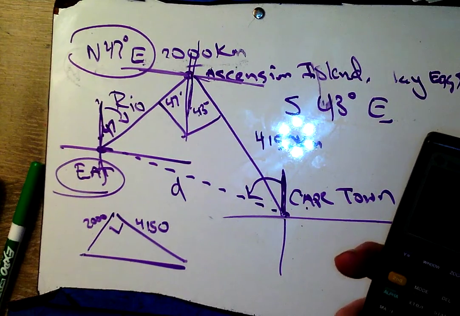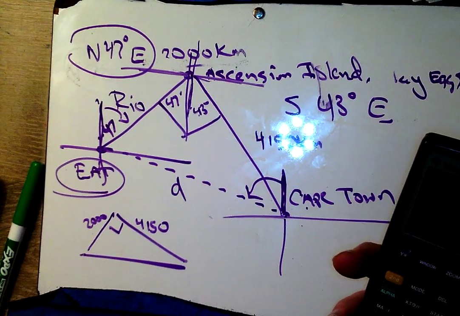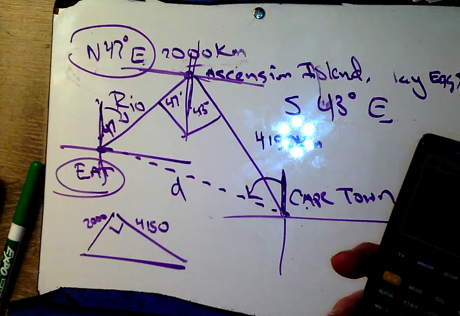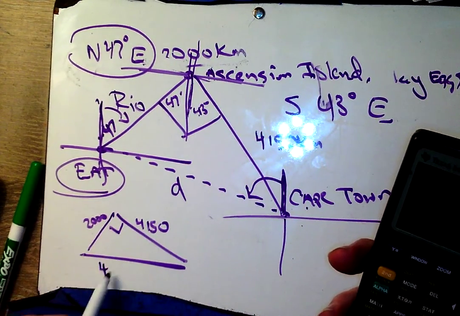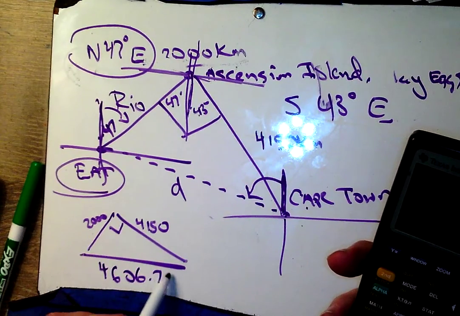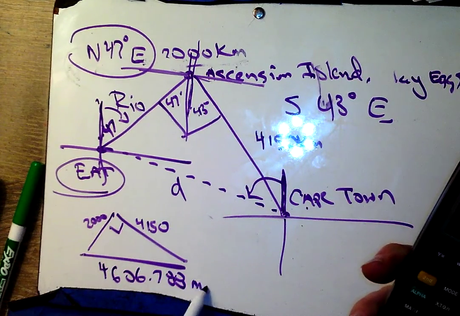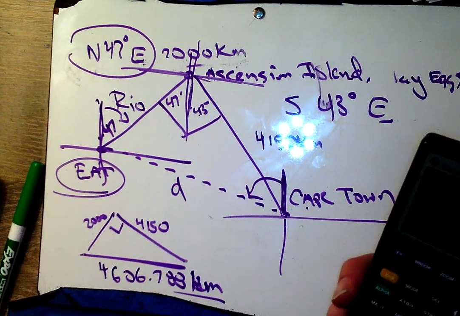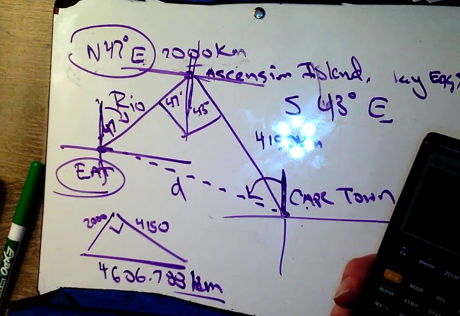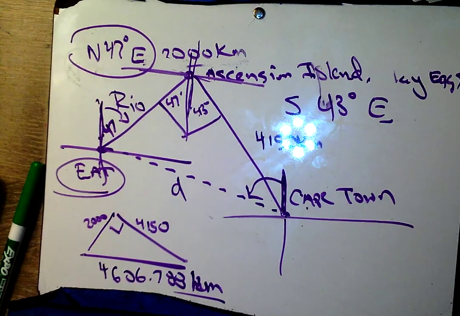So the Pythagorean theorem says 2,000 squared plus 4150 squared, and don't forget to take the square root. That's going to be 4606.788 kilometers. If we divide by 1.6, that's almost 3,000 miles.